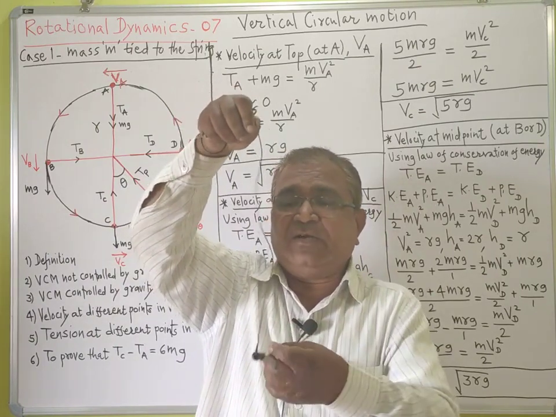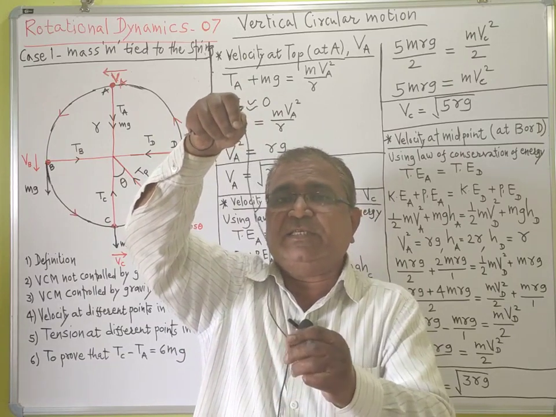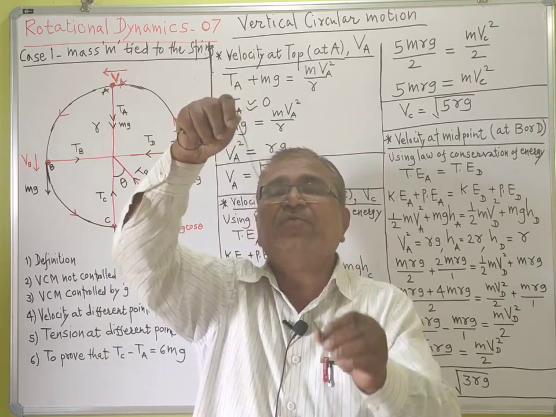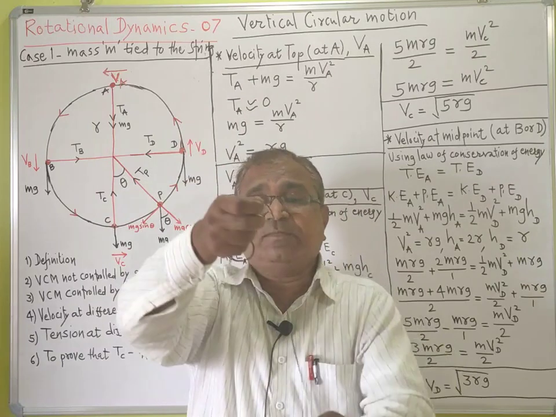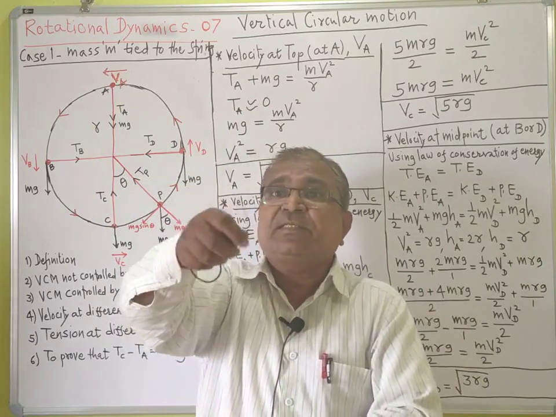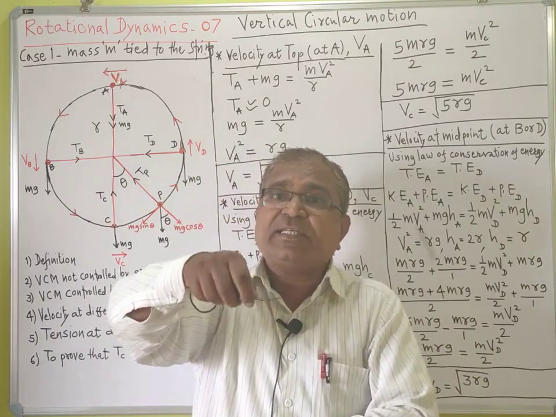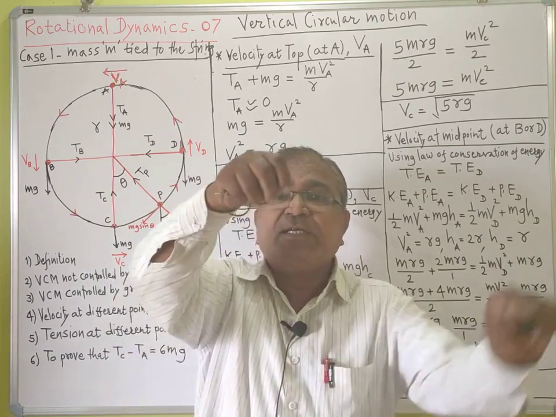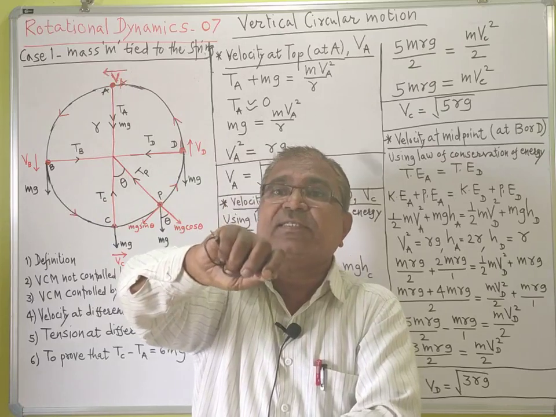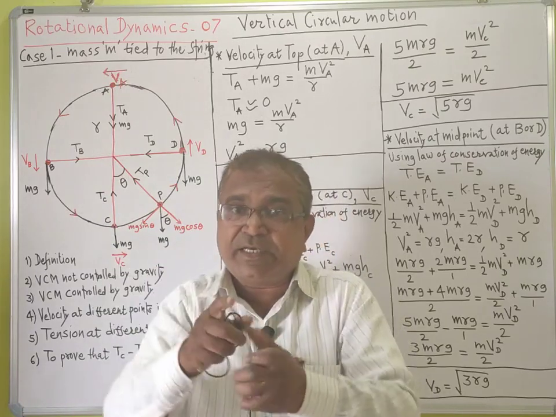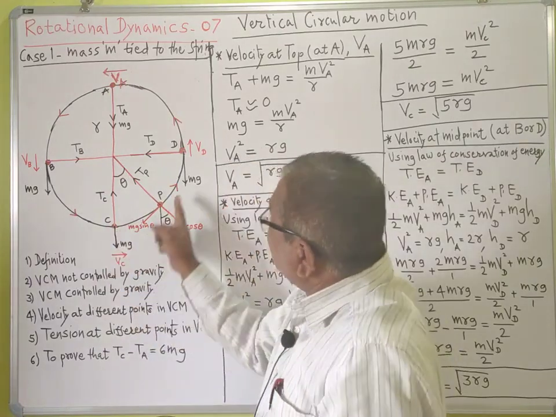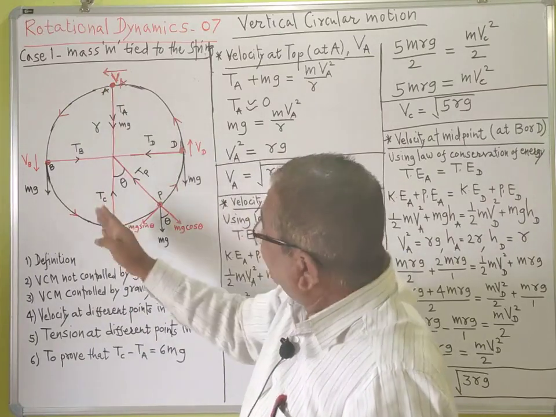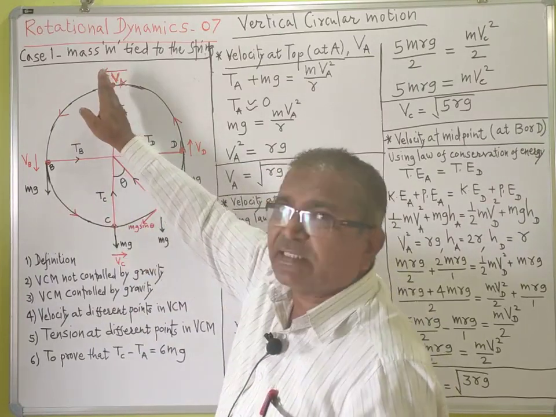When I have supplied energy at a single time and left it to rotate, then what happens? Suppose like this. During this condition, the velocity at every particle does not remain constant, because when it moves from bottom to top, velocity goes on decreasing.